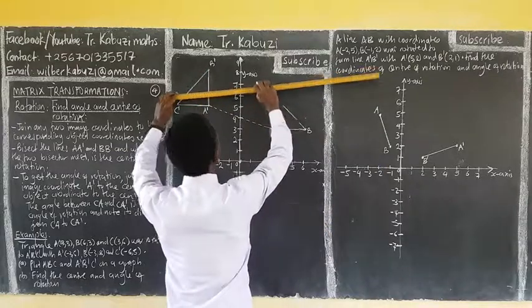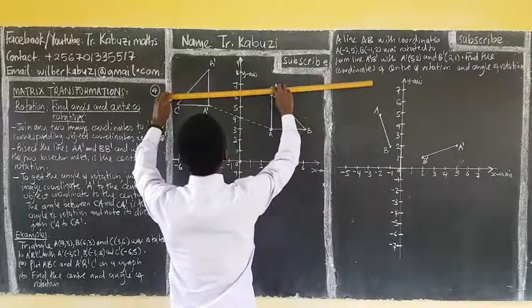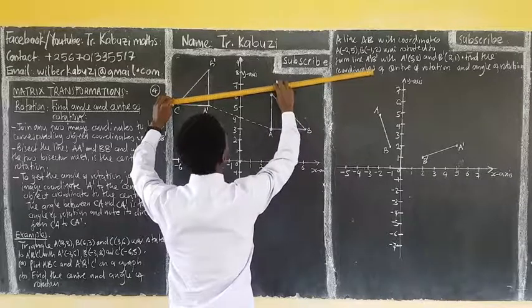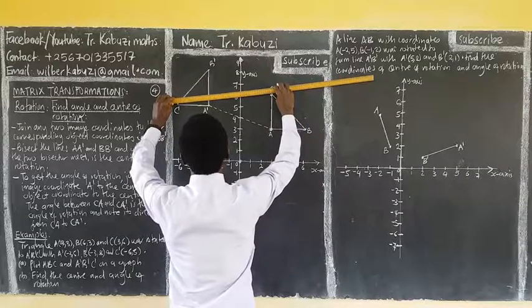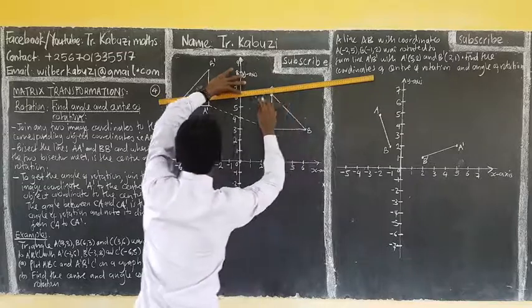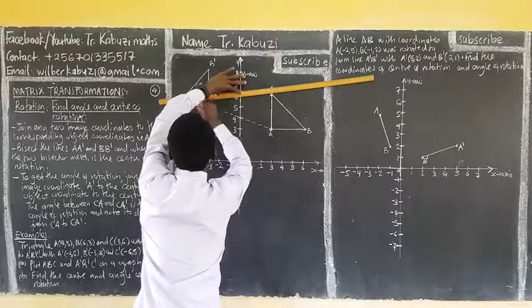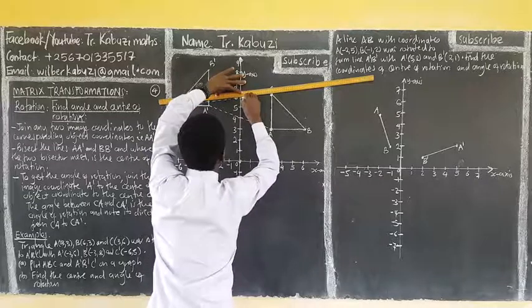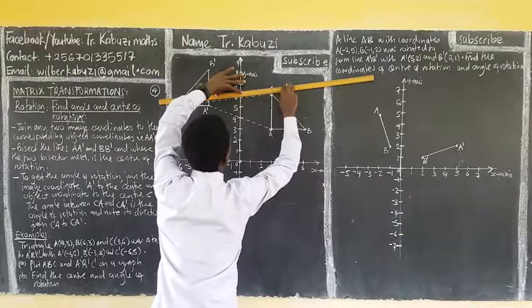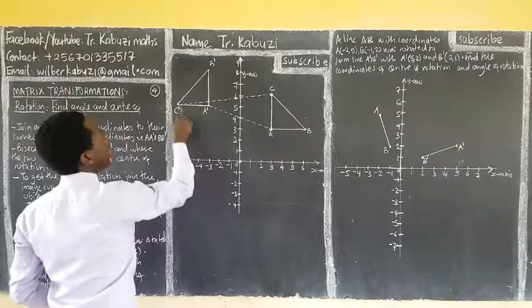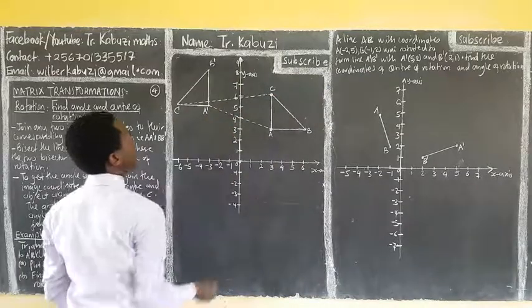Now let me join C to C prime. So I'm joining C to C prime, then A to A prime.